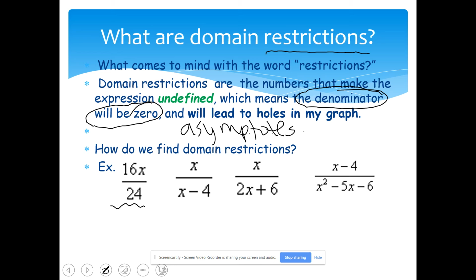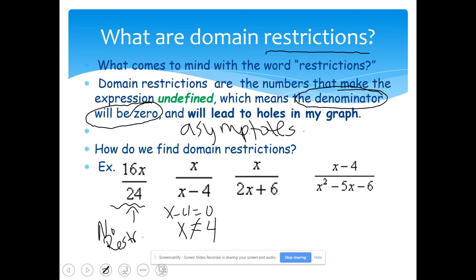So in our first example here, I look at the bottom. That's a 24. This one would have no restrictions because there's no variable in the denominator. On this next one, we'd set x minus 4 equal to 0. So our asymptote is at positive 4, which makes our restriction positive 4.